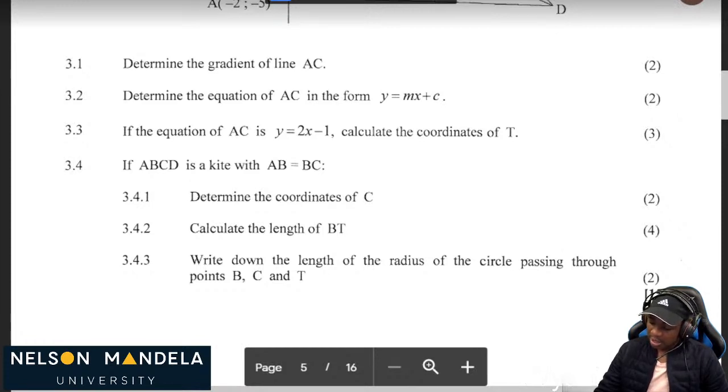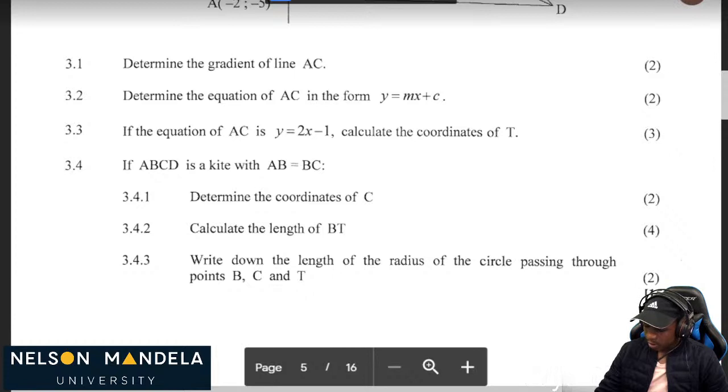If they say BCT, after we have calculated there, let me just draw it here. My circle is not good. Okay, this is our circle.